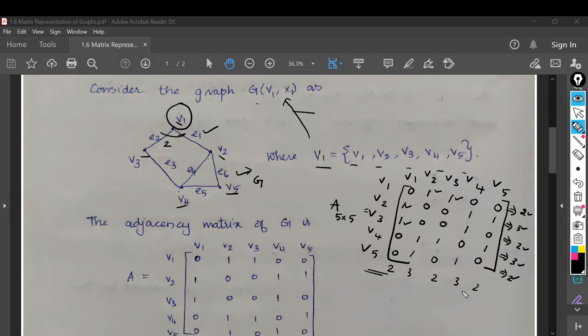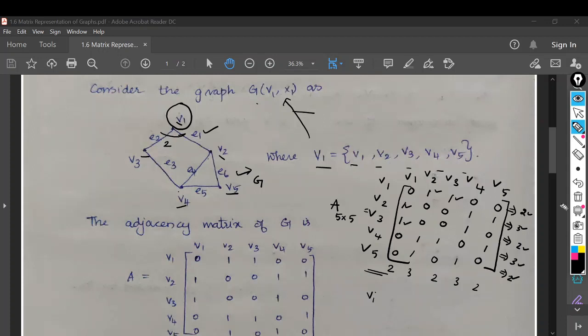So the sum of the elements in the ith row or the ith column represents the degree of the vertex Vi. So these are the observations that we can make from this adjacency matrix. It is a symmetric matrix. Then the sum of the entries in a particular row or column gives the degree of that particular vertex. So these are quite important results to be noted.